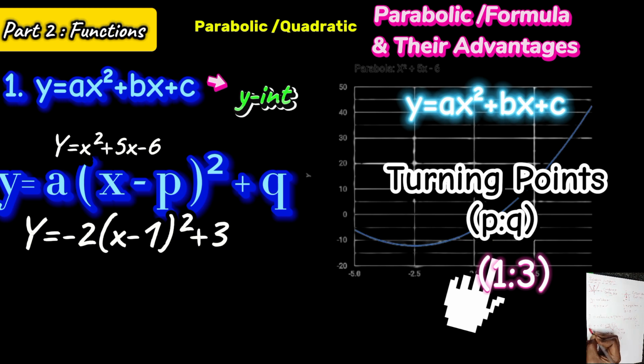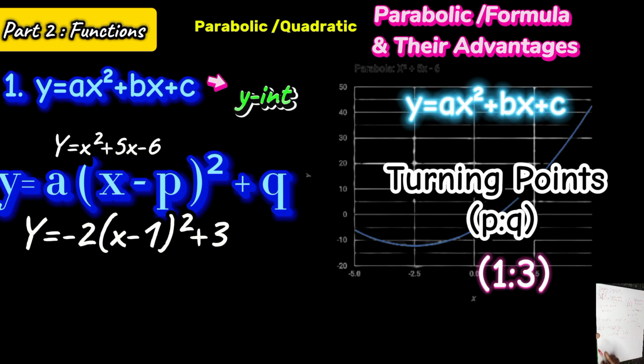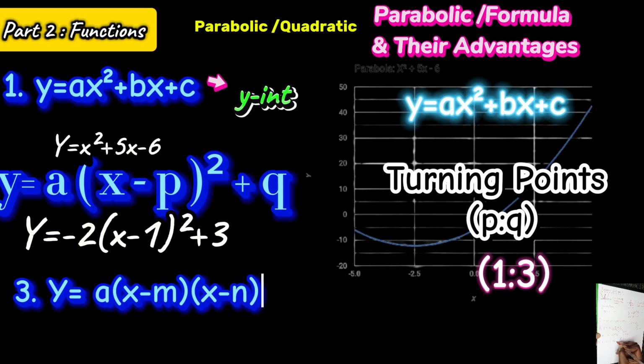So when you have this kind of formula, you can already tell your turning points of the graph. That is how this formula will help you in your exam questions. The last one will have y is equal to a into x minus m, x minus n, where your m and n are your what?